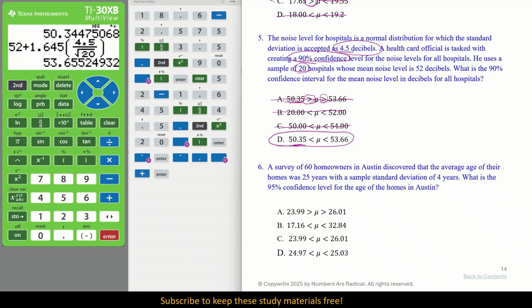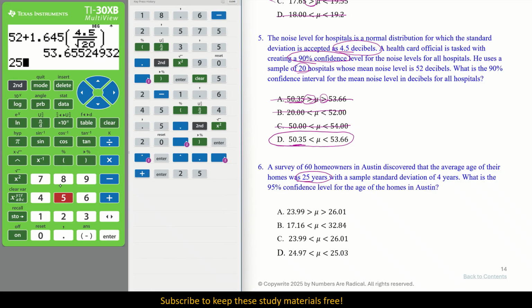All right, so let's look at number 6. A survey of 60 homes in Austin discovered that the average age of their homes was 24 years with a sample standard deviation of 4 years. What is the 90% confidence interval for the age of the homes in Austin? Okay, well, we need 25 first. So 25, I'm going to go with minus.